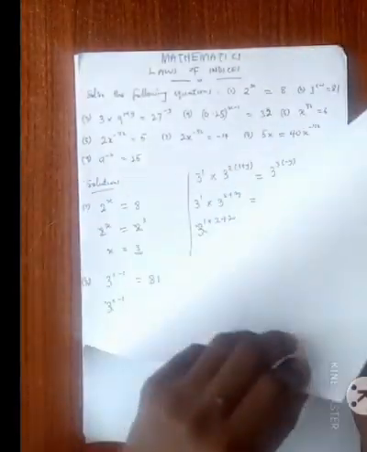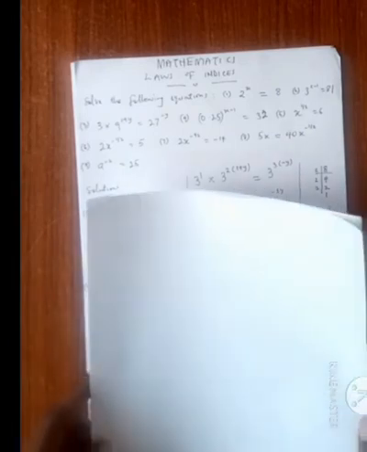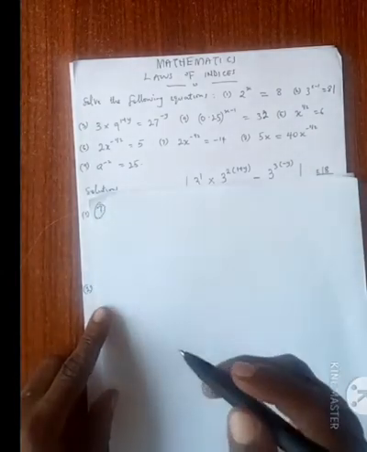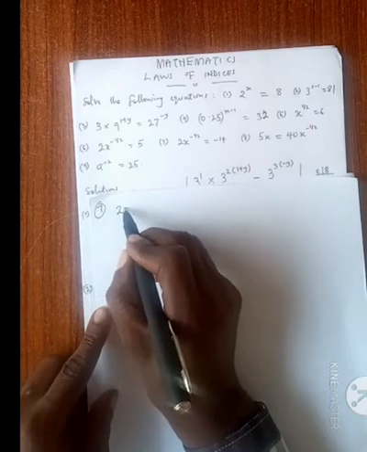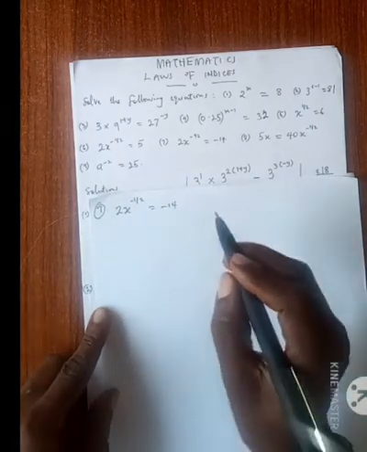Now the next question is number 7. And in number 7, what I have is this. I will have to write it so that I won't have to make reference to this initial paper here. I have 2x raised to the power minus half is equal to minus 14.